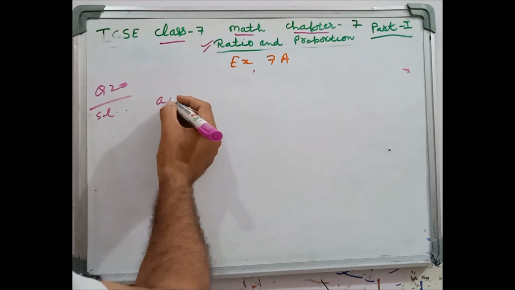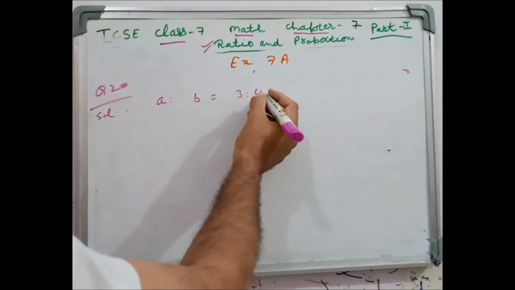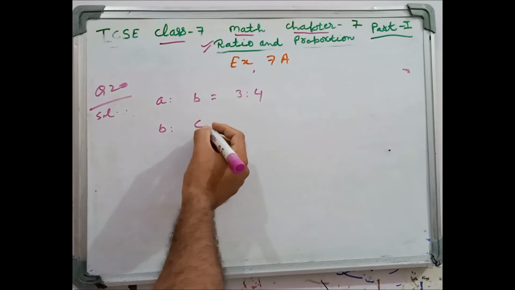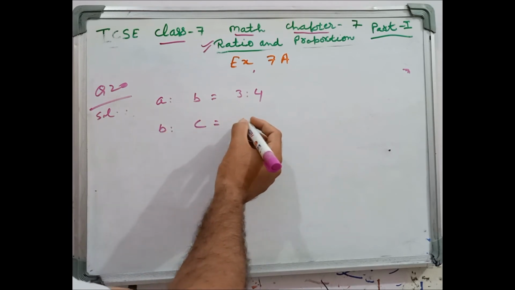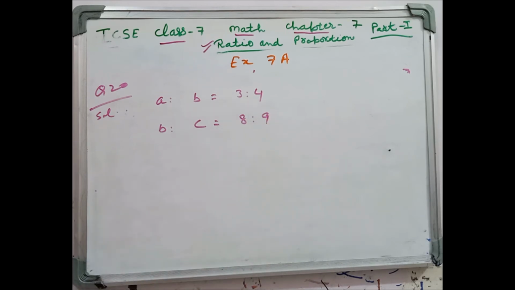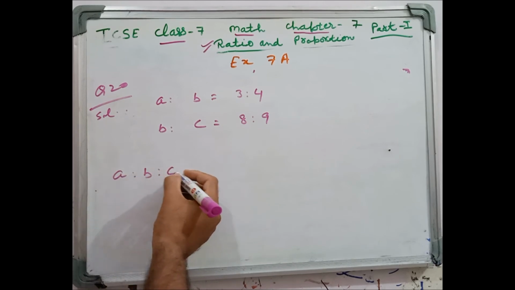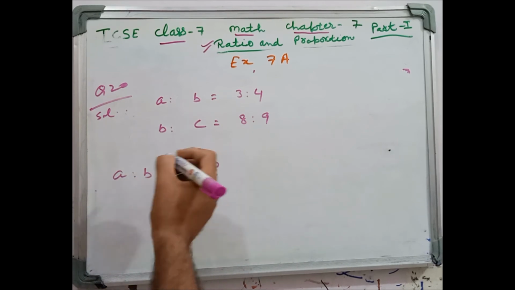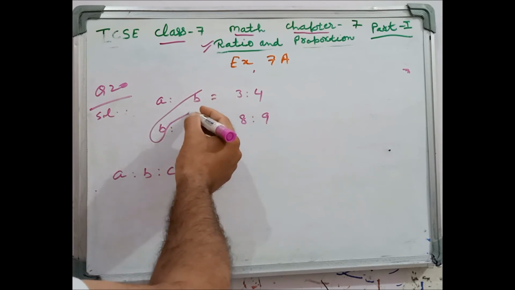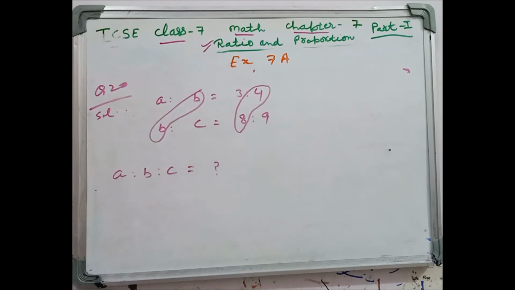If A ratio B equal to 3 ratio 4 and B ratio C equal to 8 ratio 9, then we have to find out A ratio B ratio C. See, B is the common term in both the ratios.